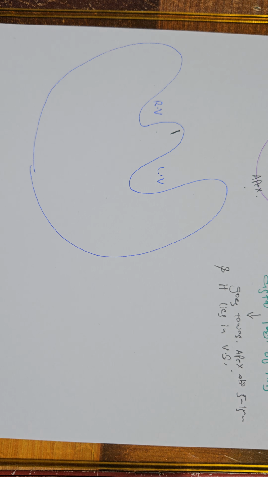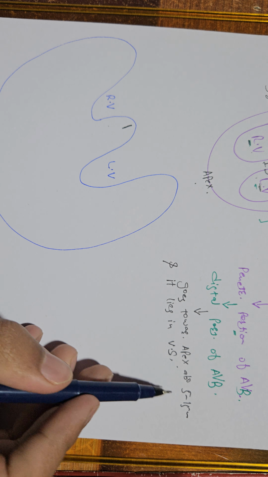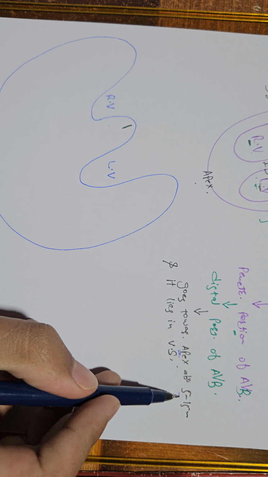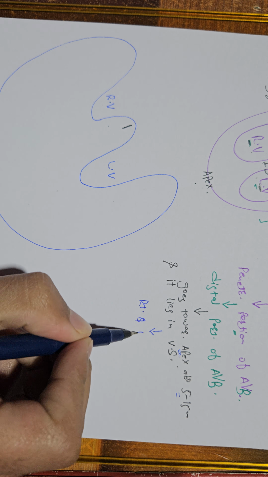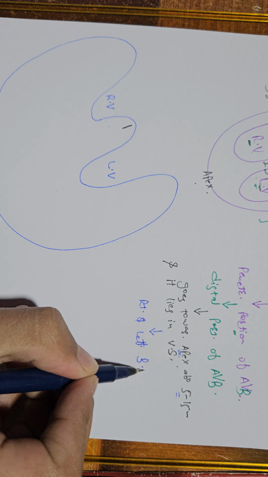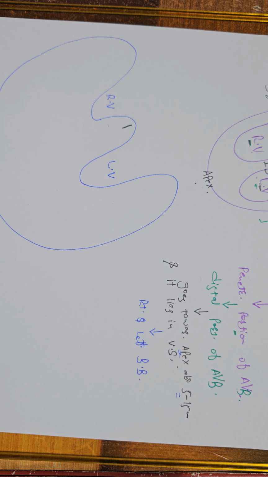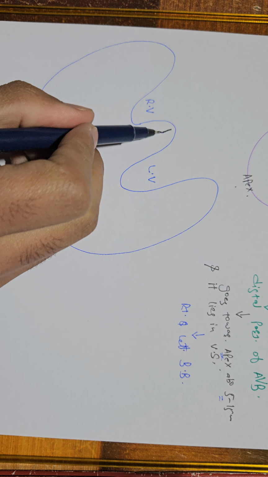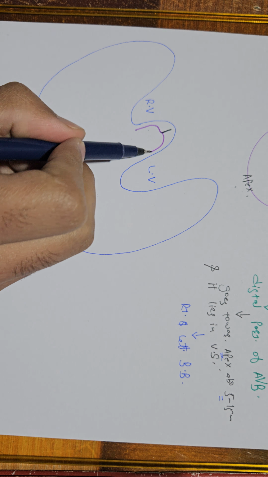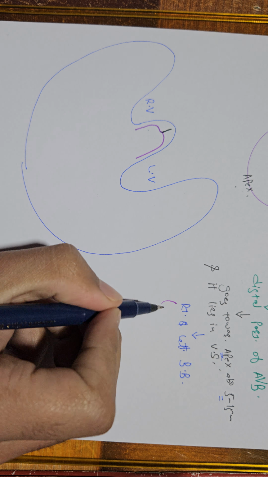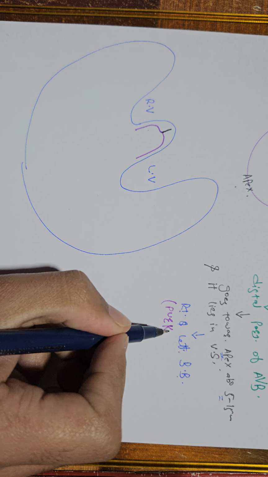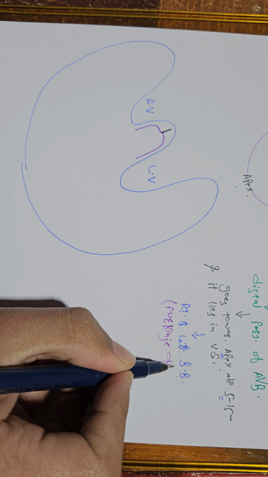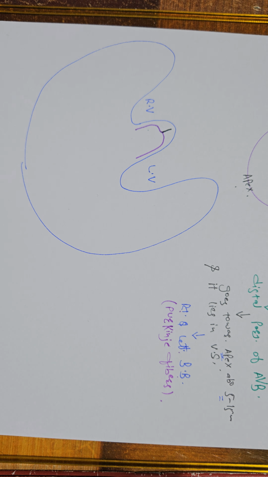When this distal portion of the AV bundle goes towards the apex of the heart about 5 to 15 millimeters, it then divides into right and left bundle branches. I will show you diagrammatically. So this is the distal portion of the AV bundle. It divides into the right and the left bundle branches, and these right and left bundle branches can also be called Purkinje fibers.